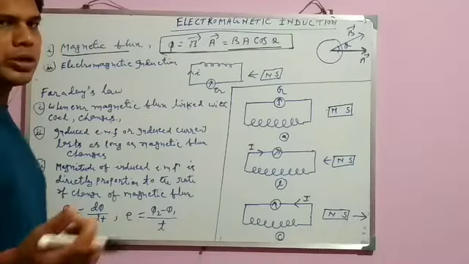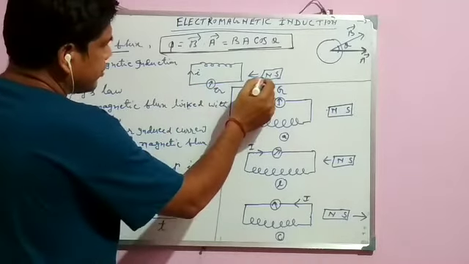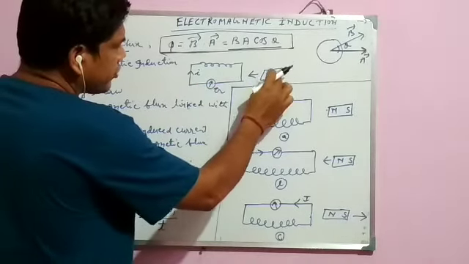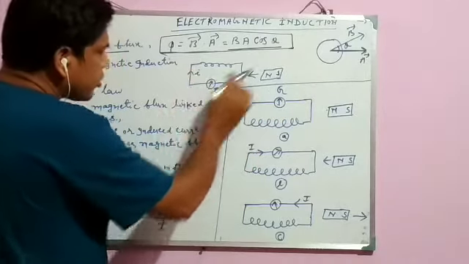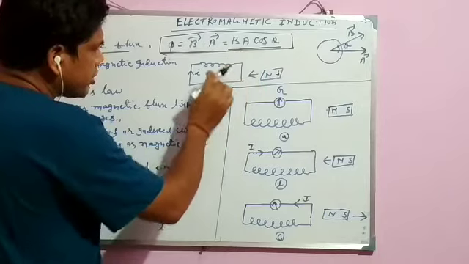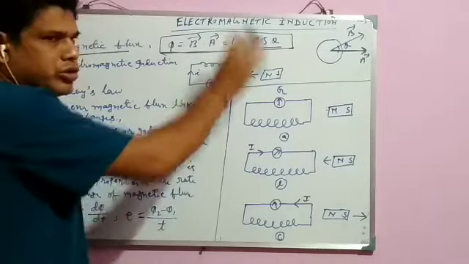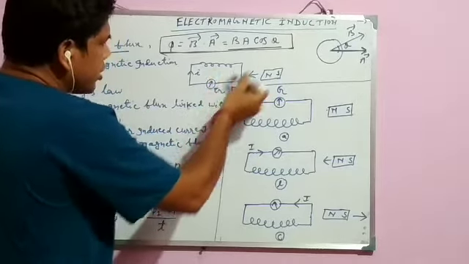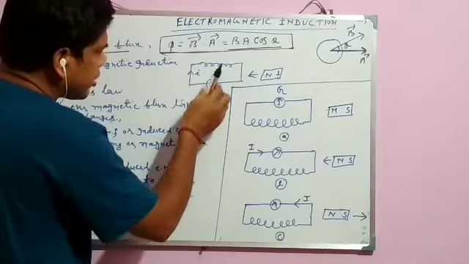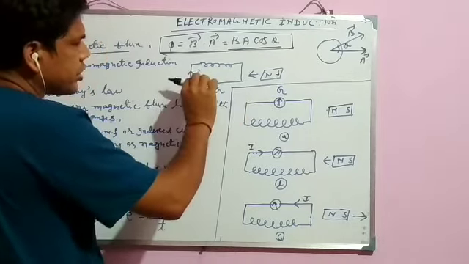Now, electromagnetic induction, already discussed. See in this figure, a bar magnet with north pole and south pole is moving towards a coil. In this circuit, one coil is connected with a galvanometer. There is no source of EMF. When we move the magnet, the galvanometer will deflect either along this direction or that direction.